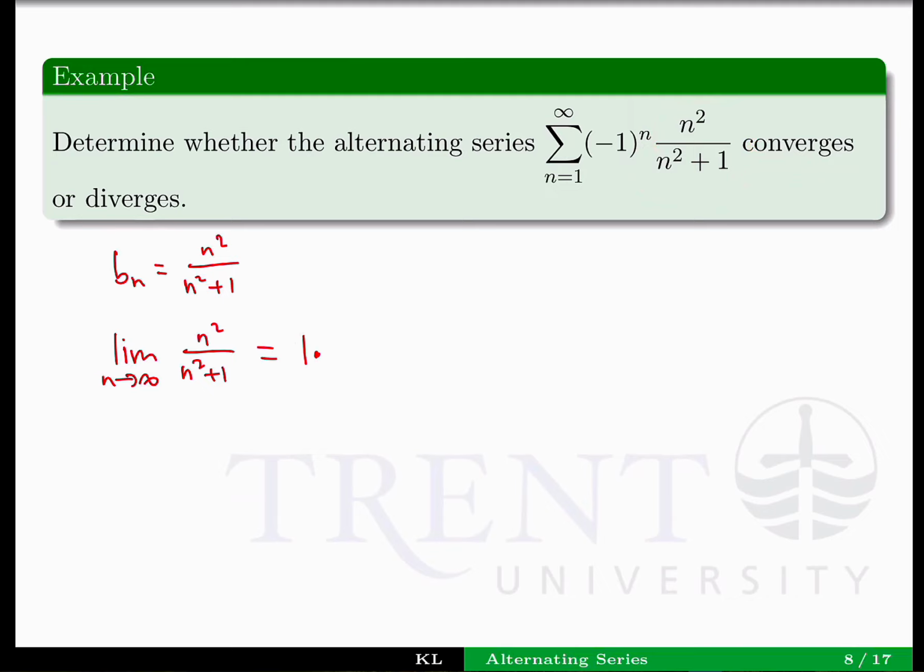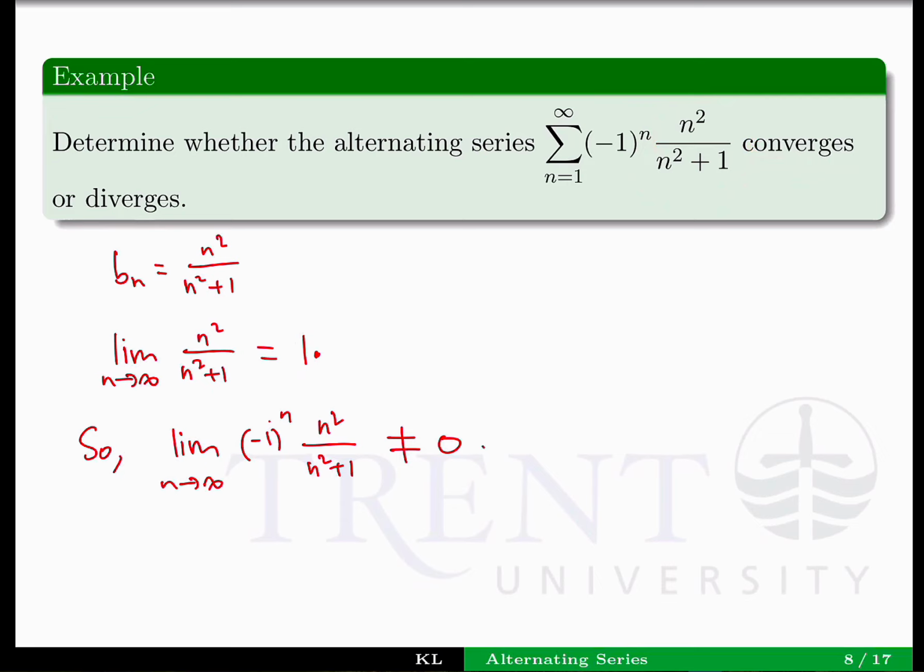However, we have a limit of n squared over n squared plus 1 that is equal to 1, which means the limit as n approaches infinity of -1 to the n times n squared over n squared plus 1 is not equal to 0.